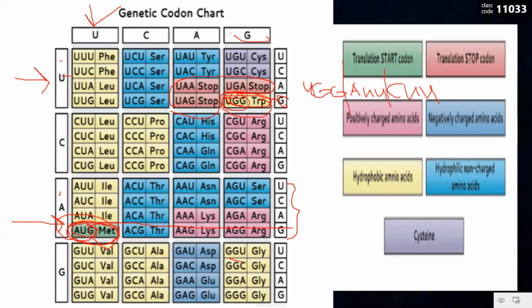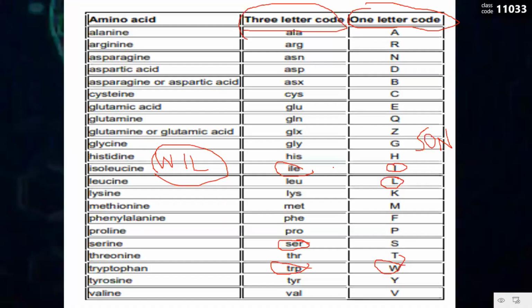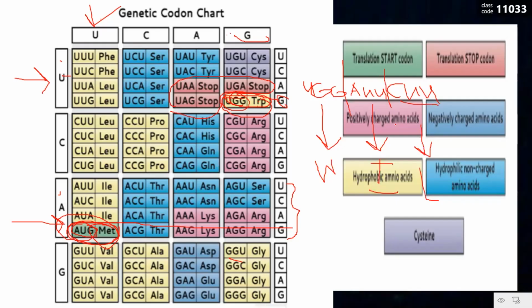Puputulin mo lang lagi sa tatlo yan. So, UGG is W. Kasi nga, tryptophan. AUU is isoleucine. Kung 1-letter code is I yan. Then CUU is L. Yung leucine natin. Okay? So, ganyan mo pwedeng i-code yung proteins.